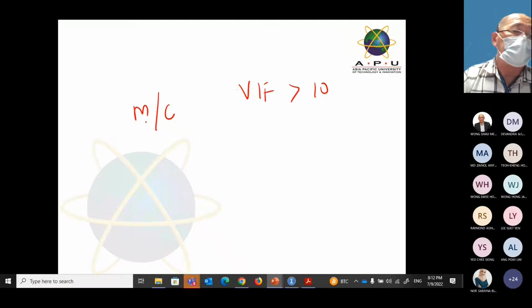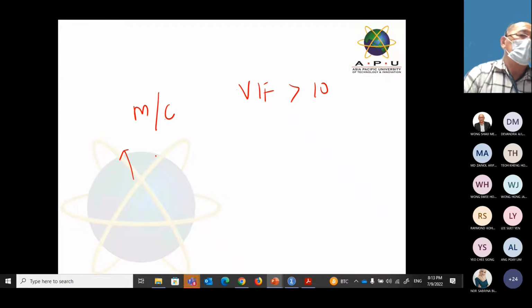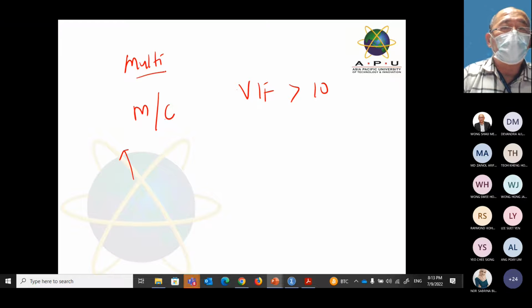It can be a big problem, can be a small problem, can be no problem. Because the meaning of multi-collinearity is that a few variables have some linear relationship. Multi means 2 or above. Collinearity means a linear relationship.